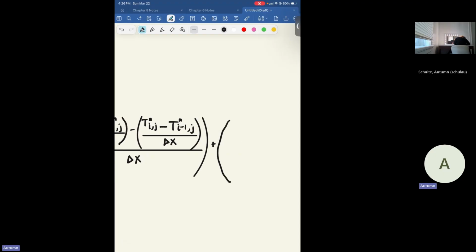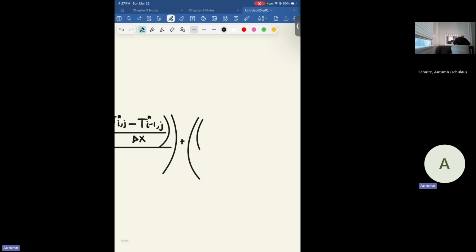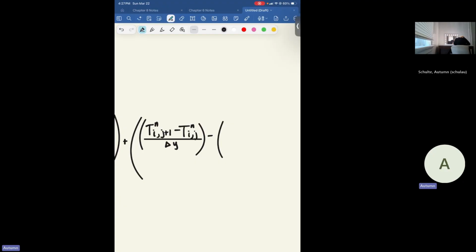So we're going to have plus, now our y positions, we're going to have the temperature at our time n above us minus the temperature at our position divided by a change in our vertical position, delta y, minus the temperature at our position minus the temperature below us divided by a change in our vertical position, delta y.